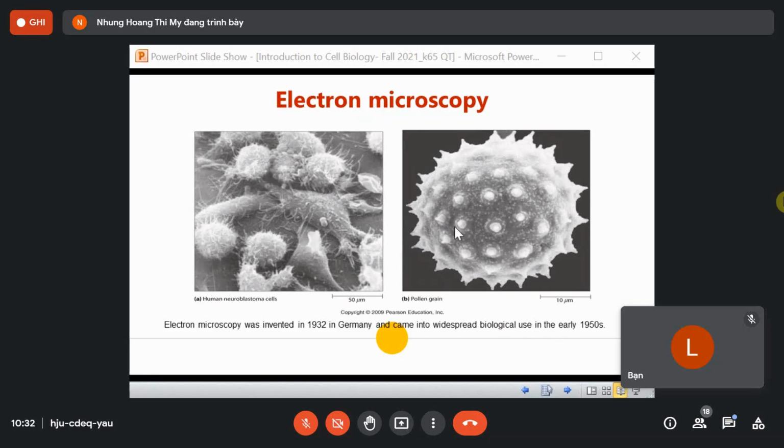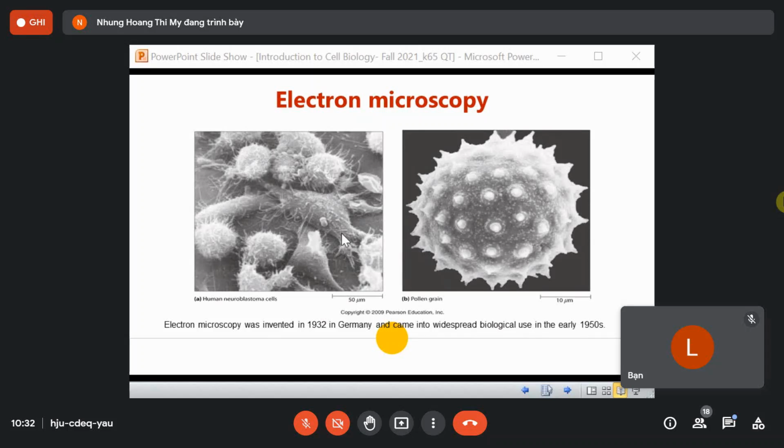With the scanning electron microscope, you can observe the surface of the object. That means the surface of the cell, or here, the surface of the pollen grain. The left image is the surface of the human neuroblastoma cell. Neuroblastoma is one type of cancer cell in the neural system.